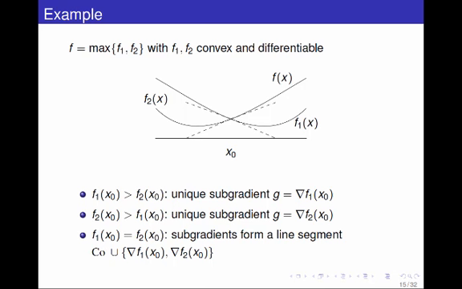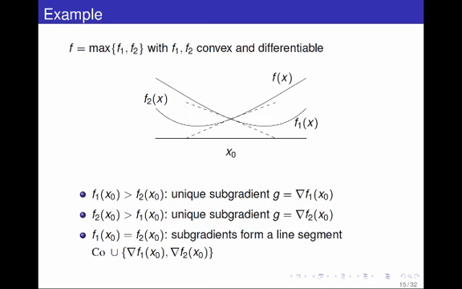So, I think you get the idea of what subgradients are, so I'm going to really quickly go through the slide here. All this slide is trying to say is that if I take f of x, which is the max of f1 and f2, at any point away from x0, the subgradient of f is the gradient of either f1 or f2.